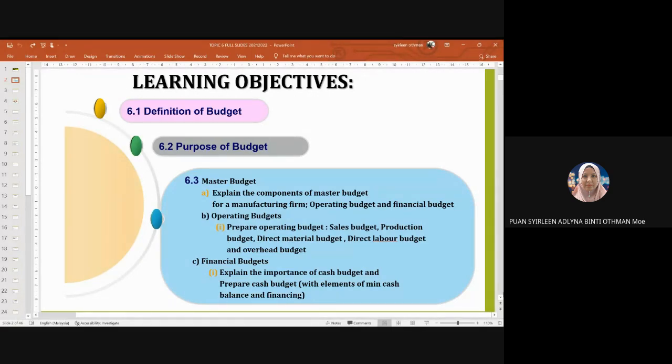Budget ni seperti mana yang kamu tahu, dia banyak buat dalam bentuk table. You need to prepare the table for the budgets. Manually dia tak ada masalah lah. Dia akan lebih mudah sebab manually you're just going to write on the table.